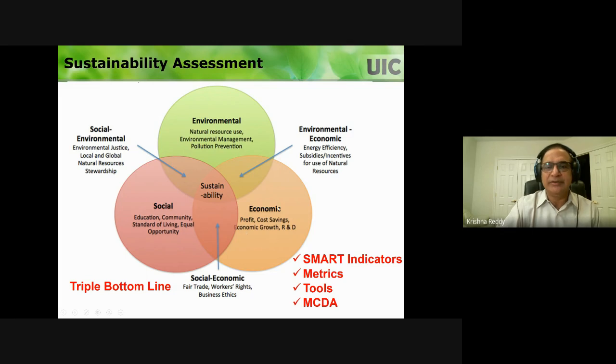And economic, you need to know what is the direct cost, indirect costs, those things. And the social is how people are going to be affected. And nearby people, all kinds of stakeholders, whoever is going to be affected by the project, how are they going to be affected, positive way or negative way. So this is the most challenging part, to define indicators.